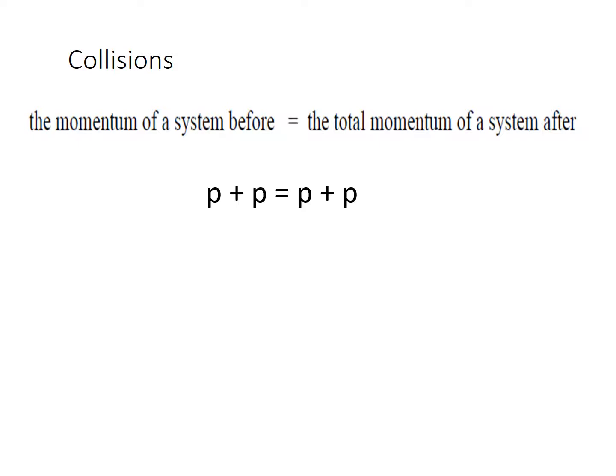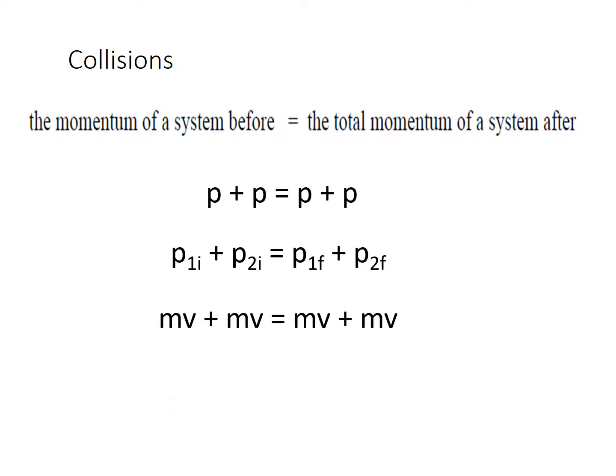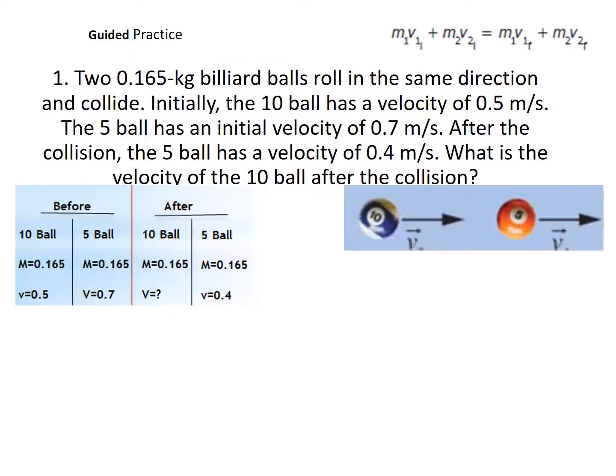We can say it like this: P plus P equals P plus P. The momentum of the two objects before equals the two momentums after. Or the initial momentum equals the final momentum. Or mv plus mv equals mv plus mv. Or we can get even more detailed and say m1v1 initial plus m2v2 initial equals m1v1 final plus m2v2 final.